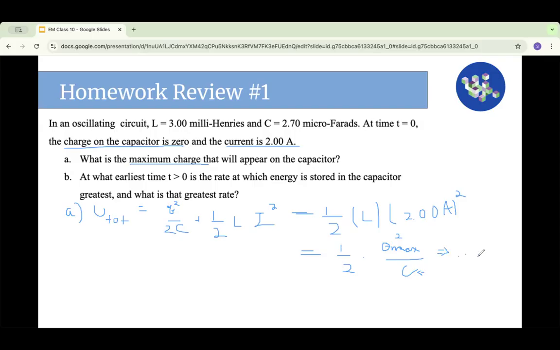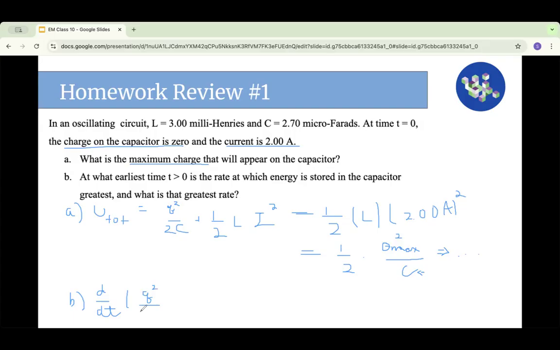All right. And then for part B, it's asking at what earliest time is the rate of the energy stored the greatest. So we can take the derivative of the, oh, sorry. We should take the derivative of the q squared over 2c. So d dt of q squared over 2c equals what?